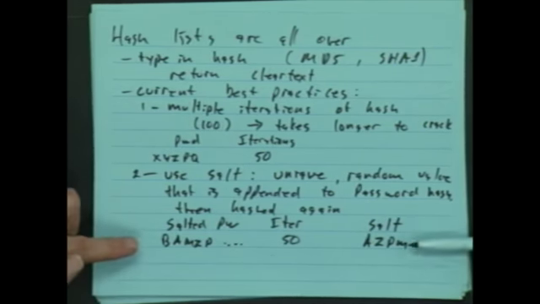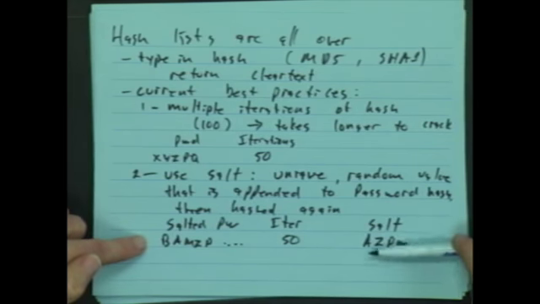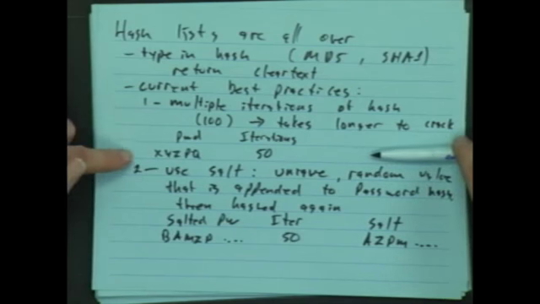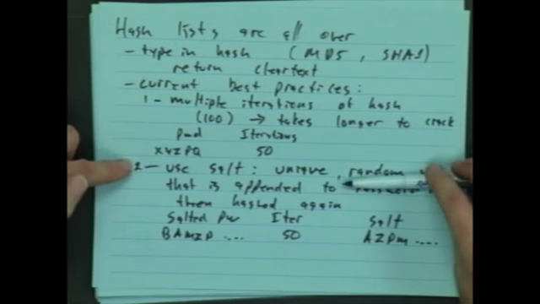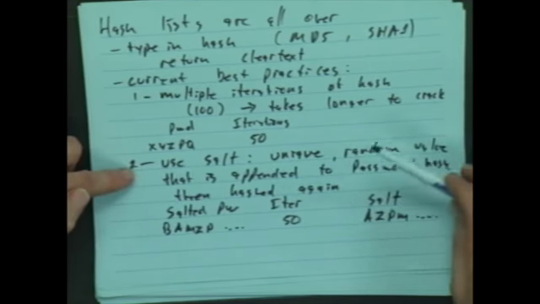Guess, hash, add the salt, 50 times again. And so in order to guess just one password, I have to do my whole password list on one record. Up here, to guess a password, I only have to go through the whole list once.